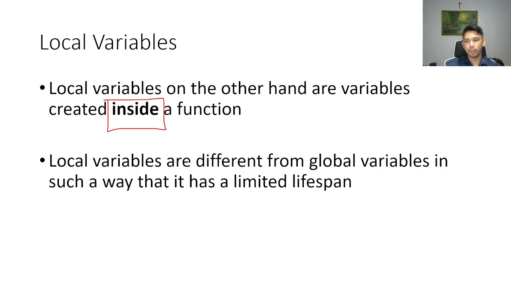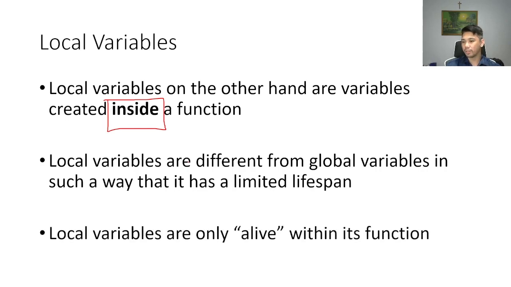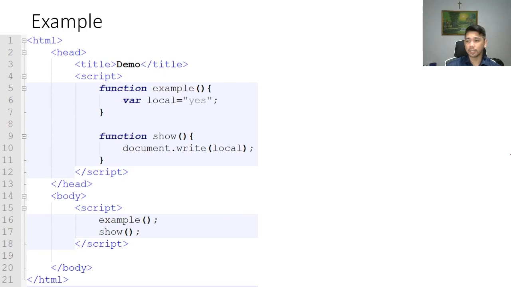Let me show you an example. Local variables are only alive within the limit of their function. Take a look at the first function.